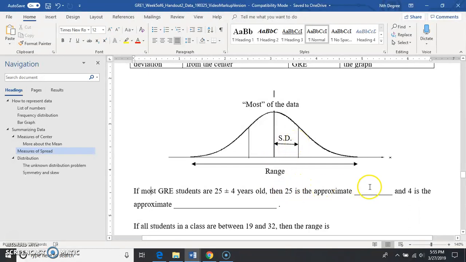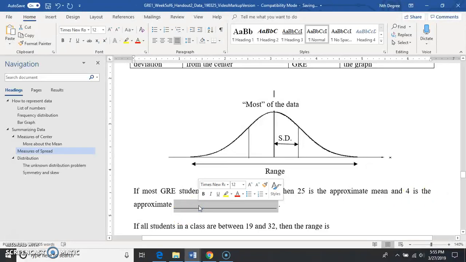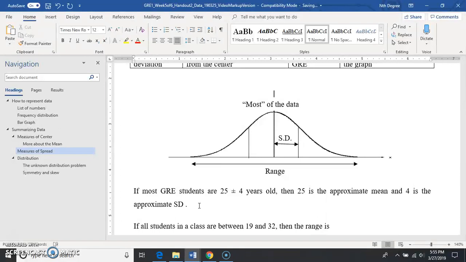So 25 would be the approximate mean, and 4 is the approximate standard deviation. If all the students in a class are between 19 and 32, then the range would be your 32 minus 19. The range would be 13.